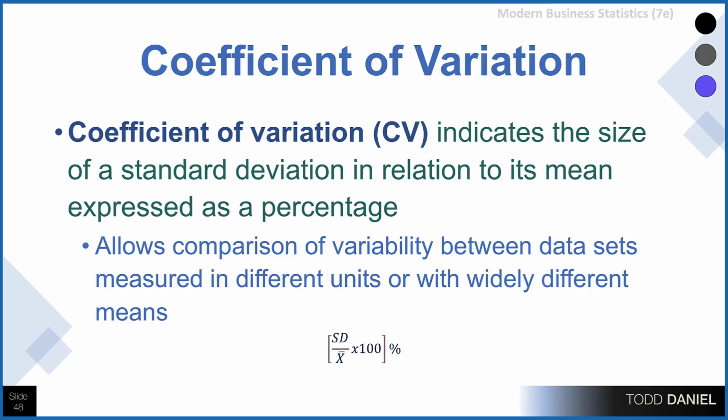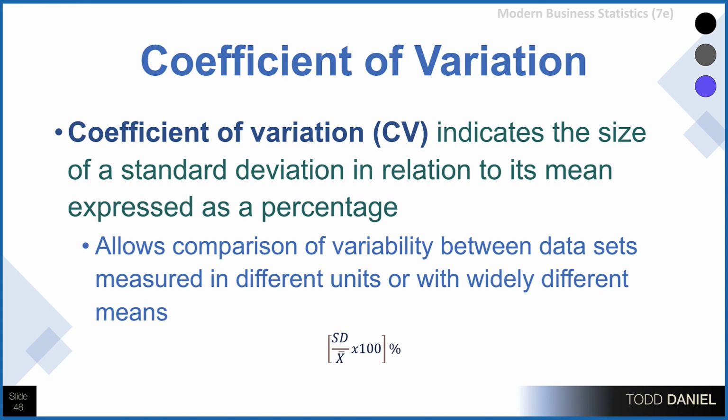So there's one other measure that I want to tell you about. It's called the coefficient of variation. This indicates the size of the standard deviation in relationship to its mean, but expressed as a percentage. This allows you to compare variabilities or standard deviations between distributions.